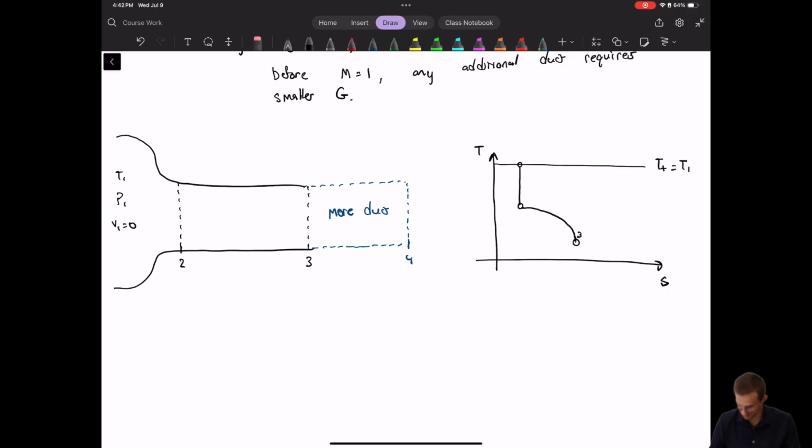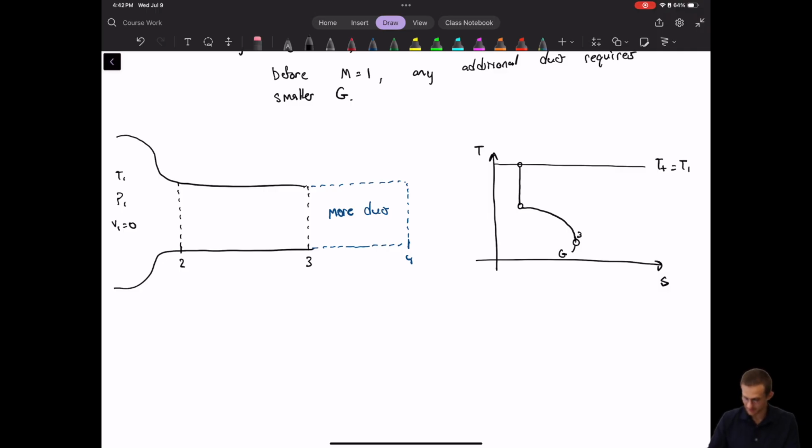And so this has a certain G value here, and then when we added more duct, what we did was we required there to be a lower mass flow rate.